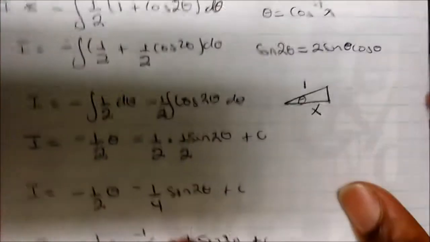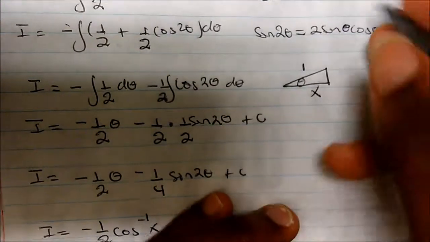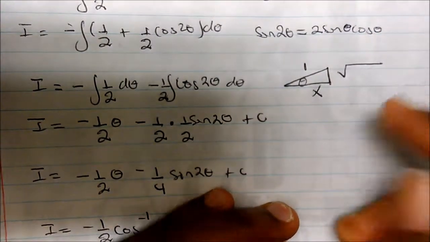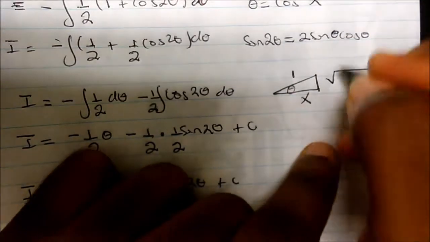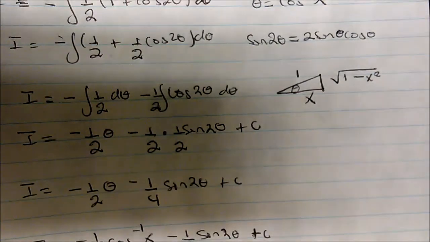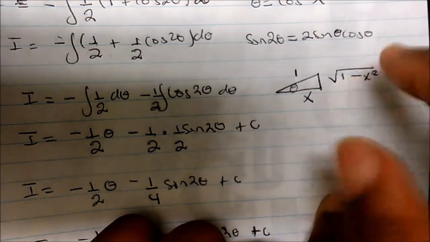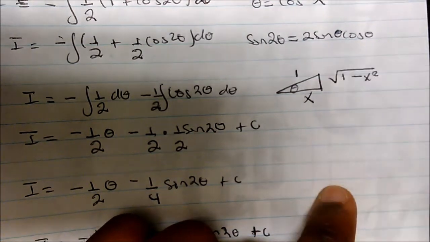Again, using the Pythagorean theorem, how do we find the third side? We simply take the hypotenuse squared minus the other leg squared. 1 squared is just 1, and x squared is just x squared. That's just the rule for the Pythagorean theorem, simple stuff.